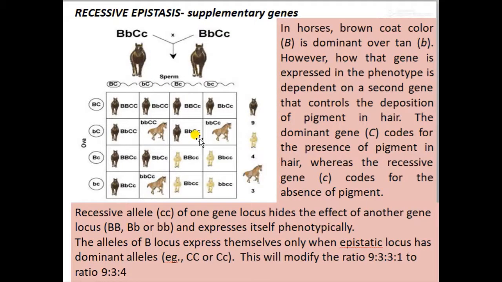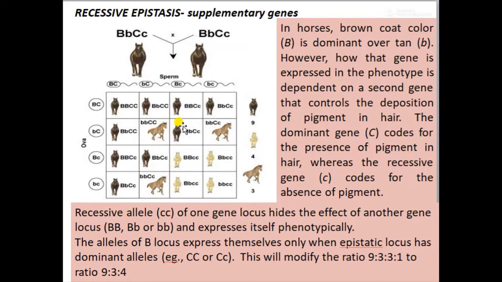In this example, the dark brown color is present only when another allele, capital letter C, a non-allelic gene (the allele of B is small letter b), interacts with capital letter B. They supplement each other, and only when they supplement each other is the dark brown color present.